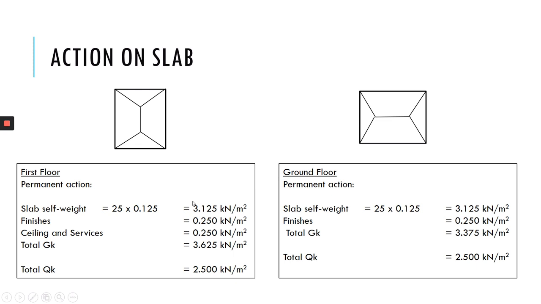From this load, which is 3.625, the total Qk is 2.5. For the slab 3 it is 3.375 for the ground floor, and 2.5 for the Qk. So here is for the first floor, here for the ground floor.